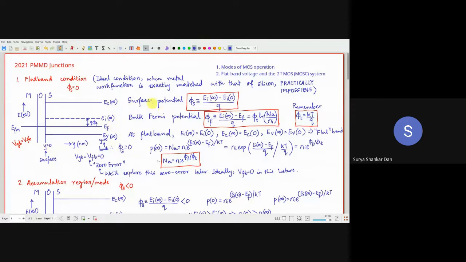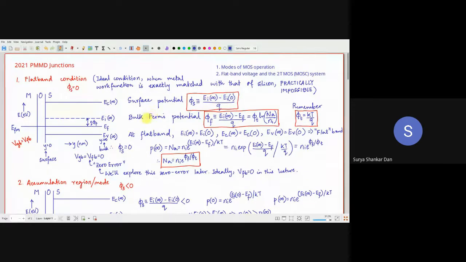So how do you define surface potential? Remember, there is an equivalent sign over here, which means equal by definition. So EI infinity, that means the intrinsic Fermi energy level at the bulk, minus the intrinsic Fermi energy level at the surface, that means EI at y equal to 0.